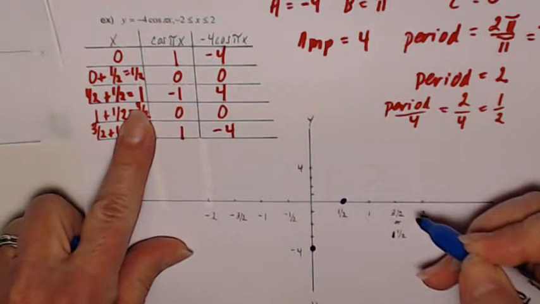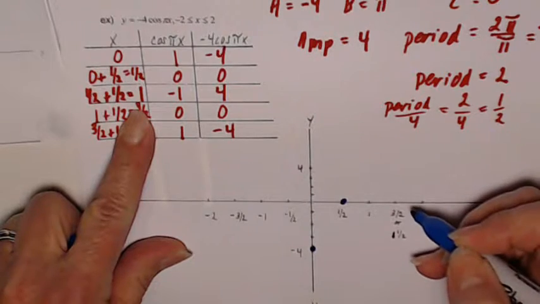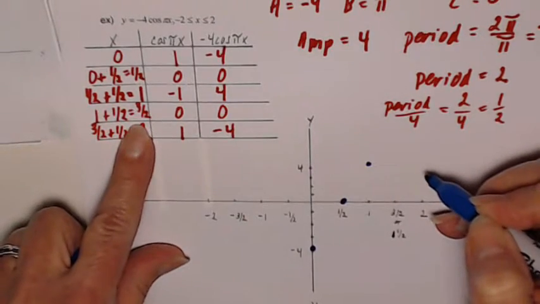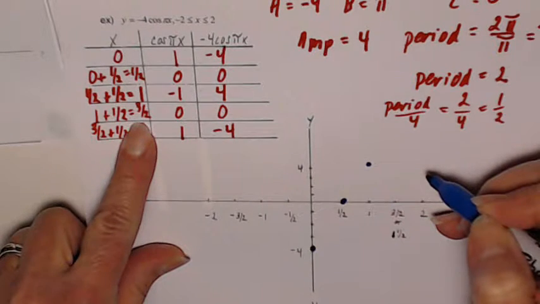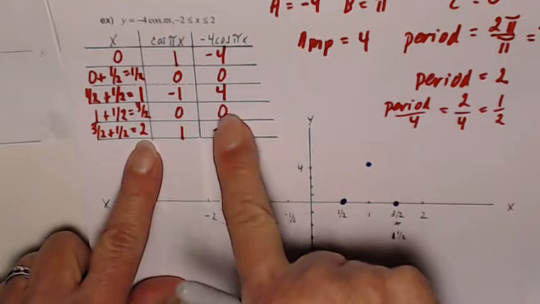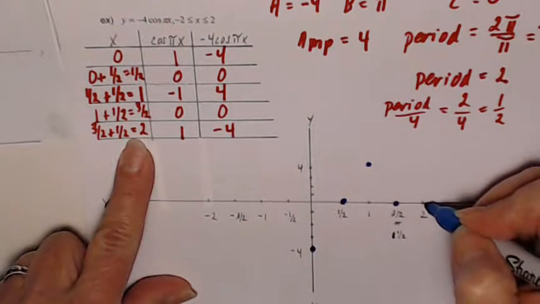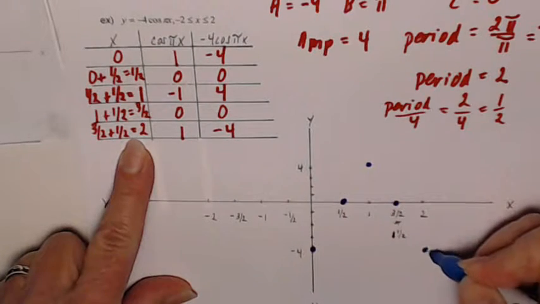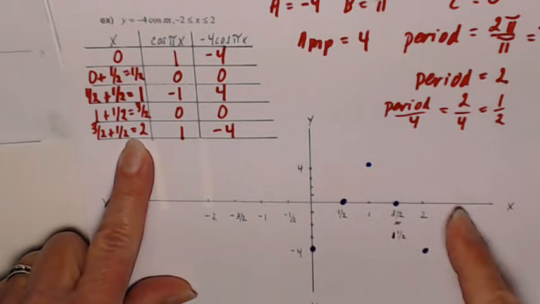When x is 1, our cosine value is 4. When x is 3/2, we have another x-intercept of 0. And then at 2 here, we are back down to -4. So here are our 5 values.